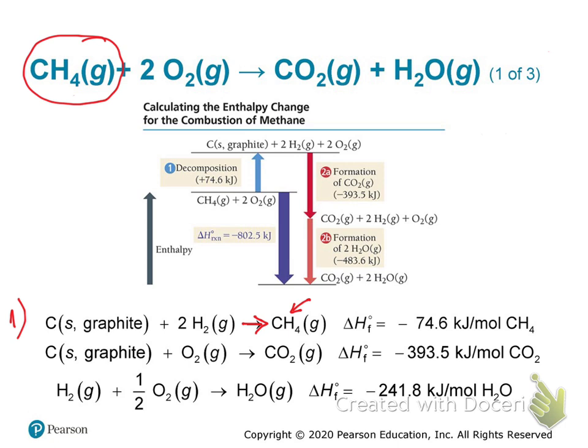In order for me to put the CH4 in the correct position, I need CH4 on the left side. I must flip equation number 1. When I flip equation number 1, the sign of delta H is going to change.